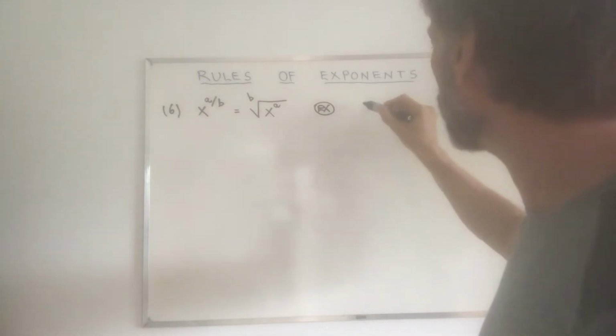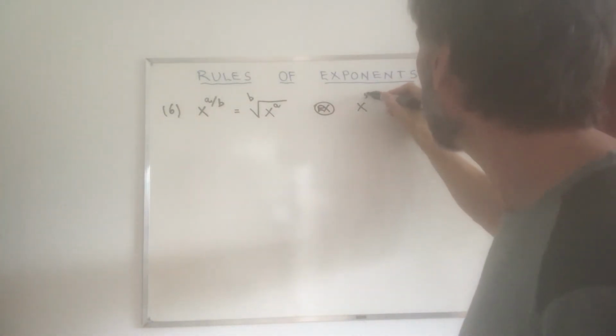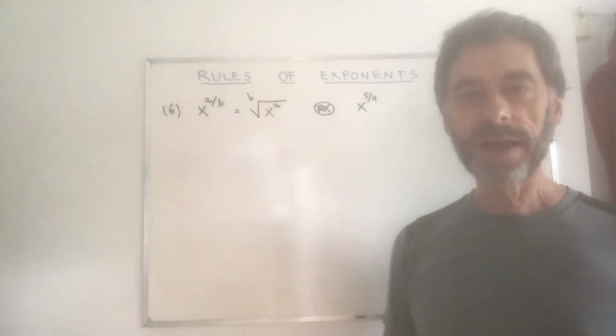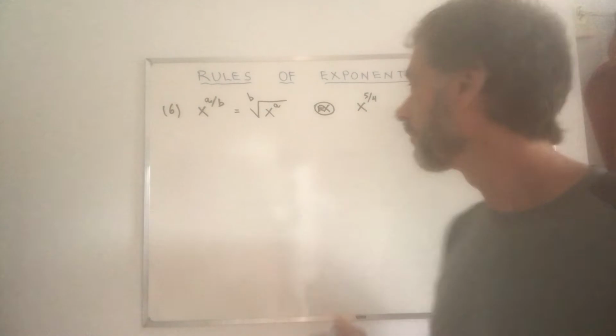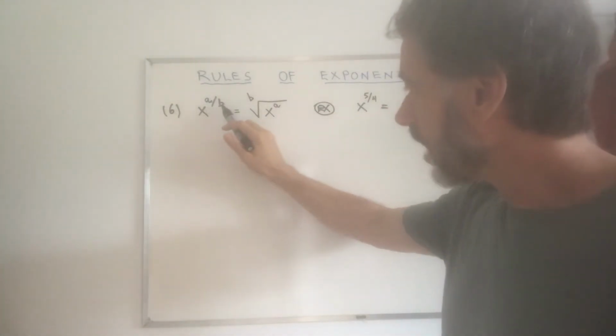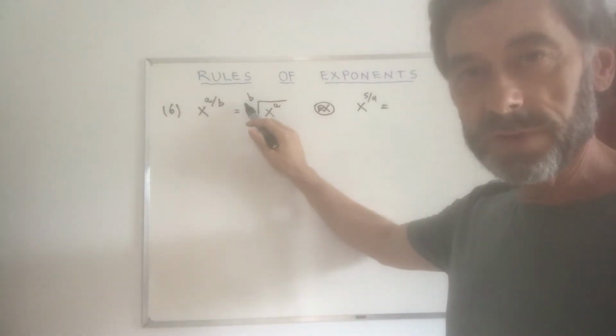So what's a quick example of this? Well, you can have, for example, x to the, I don't know, 5 over 4. What's another way of writing x to the 5 over 4? Well, notice that the denominator of the fraction, the b, becomes the type of root that we have.